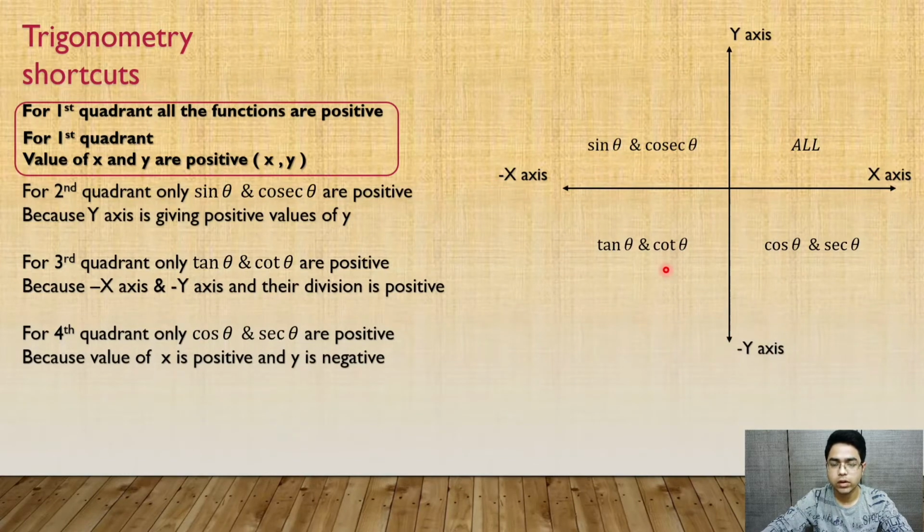So the division of minus 1 upon minus 1 would give us a positive value, that is plus 1. Similarly sine theta divided by cos theta will give us a positive value of tan theta. Similarly for cot theta, cos theta upon sin theta, the negatives will cancel and cot theta will again be positive.